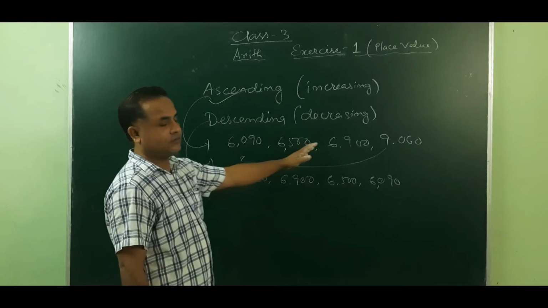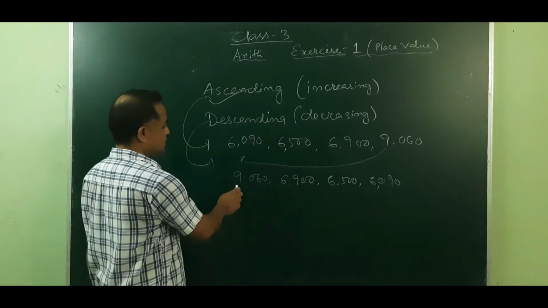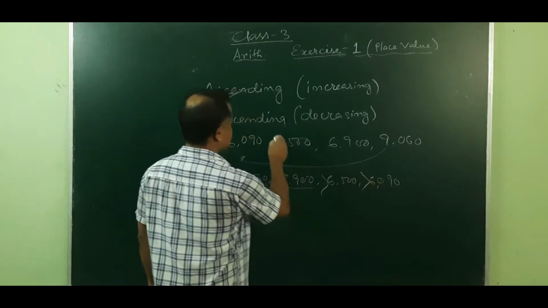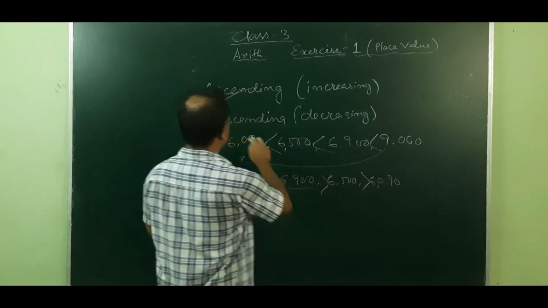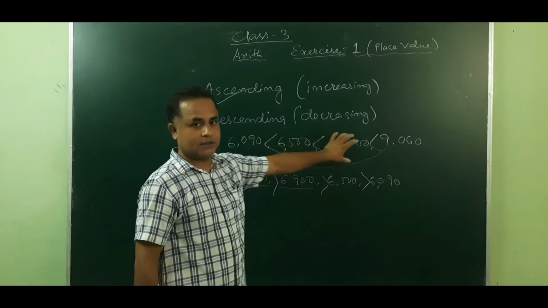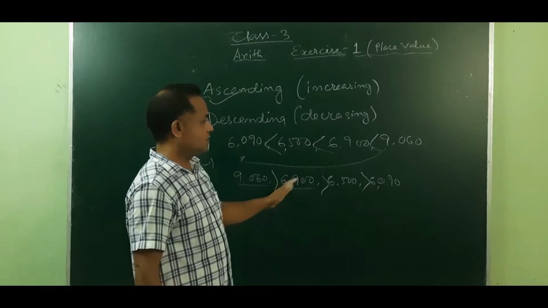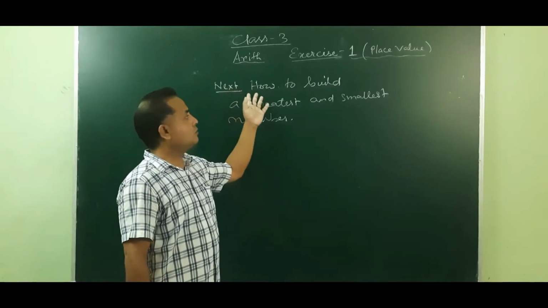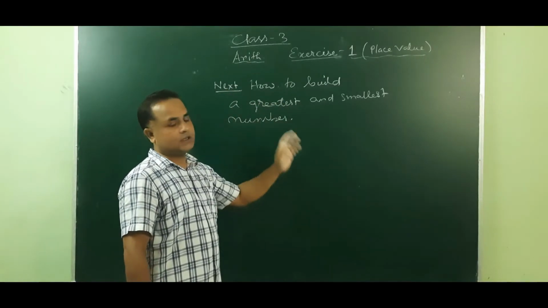Descending means the reverse of ascending, so descending means from big to small. Ascending means it is like this, and descending means like this, the reverse of it, ulta.